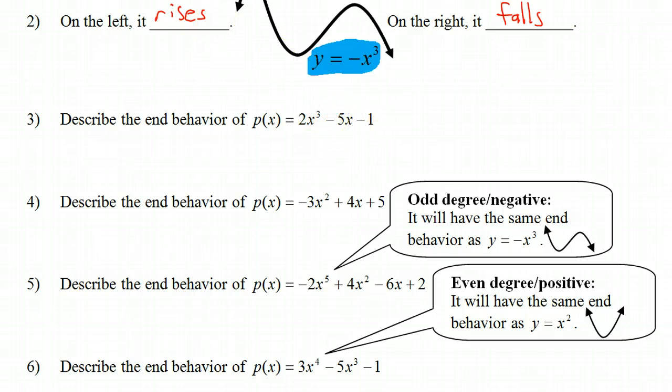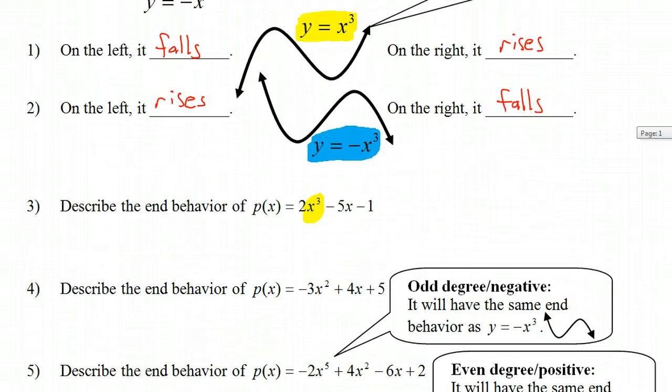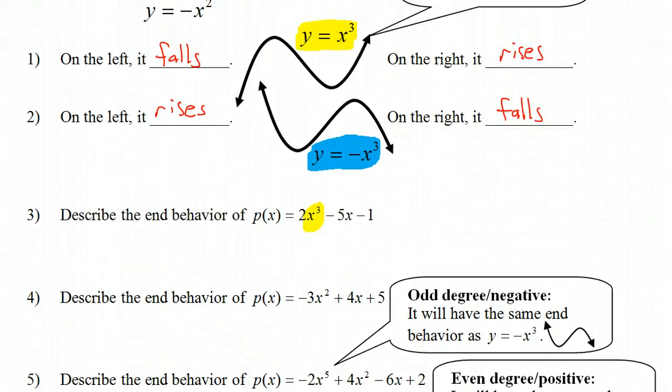Well, it's because of this. Just look at the degree. This is a cubic function, looking at that x to the third power. And all cubic functions have the same end behavior, except you have to pay attention to if they're positive or negative. Now this one, you can see that it is positive.